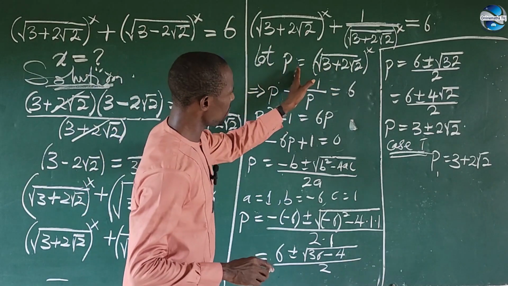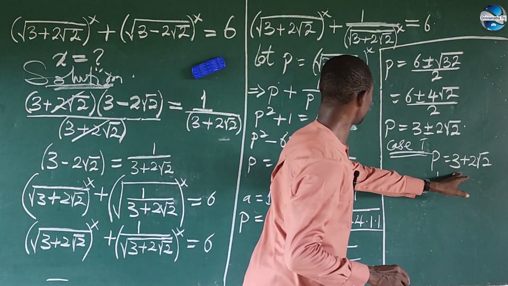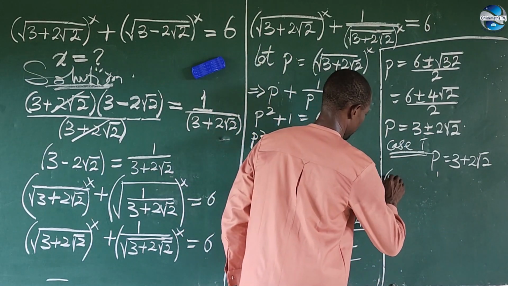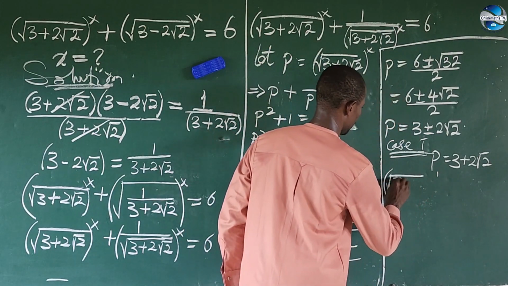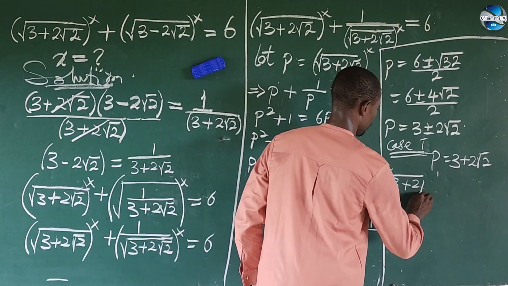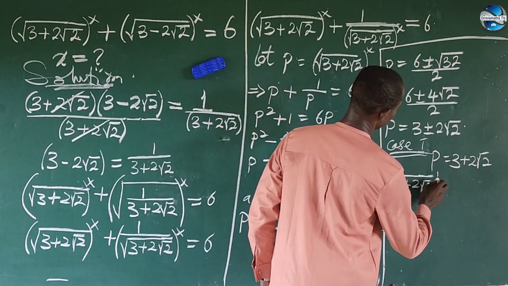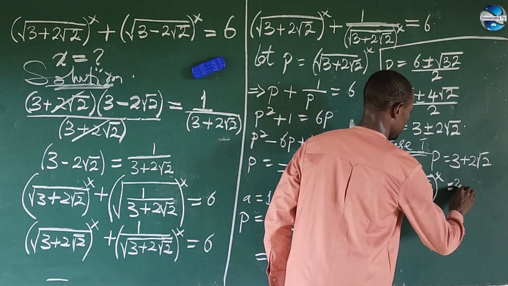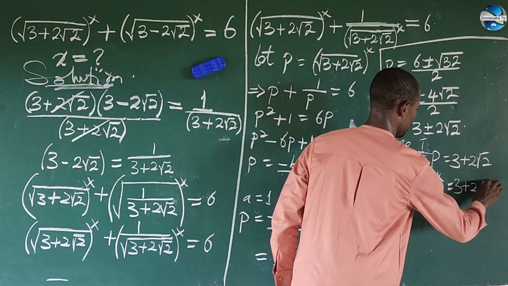So for case 1, we are going to have the bracket square root of 3 plus 2 root 2, close bracket, to the power of x, is equal to 3 plus 2 root 2.